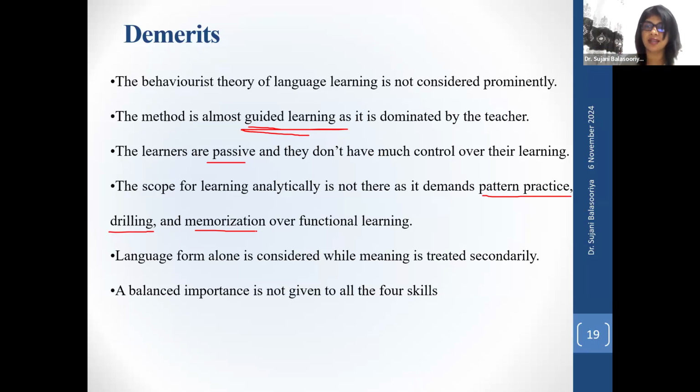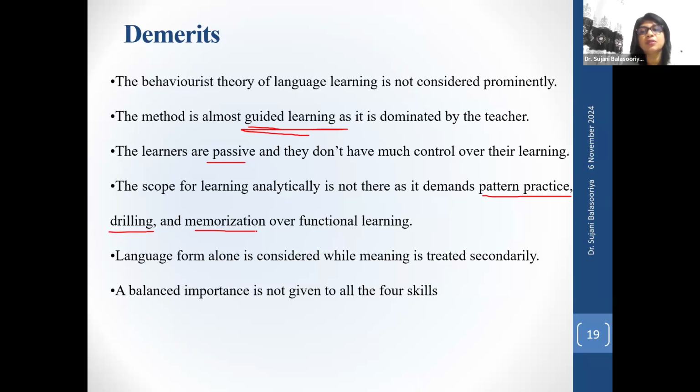Functional aspect is that, for example, we can use language to command something, to order something, to request something, to interrogate something, to ask for something, and to express our surprise, etc. These are different functional aspects of language, and that part is ignored here in audiolingual method.